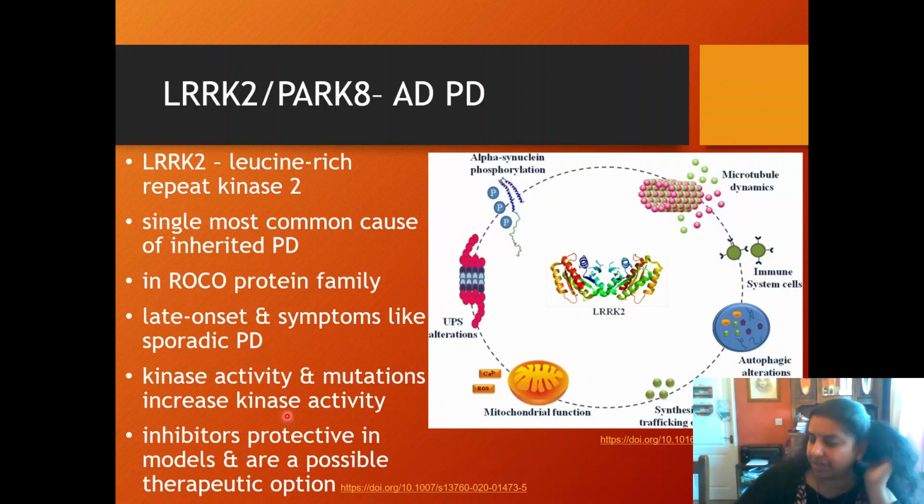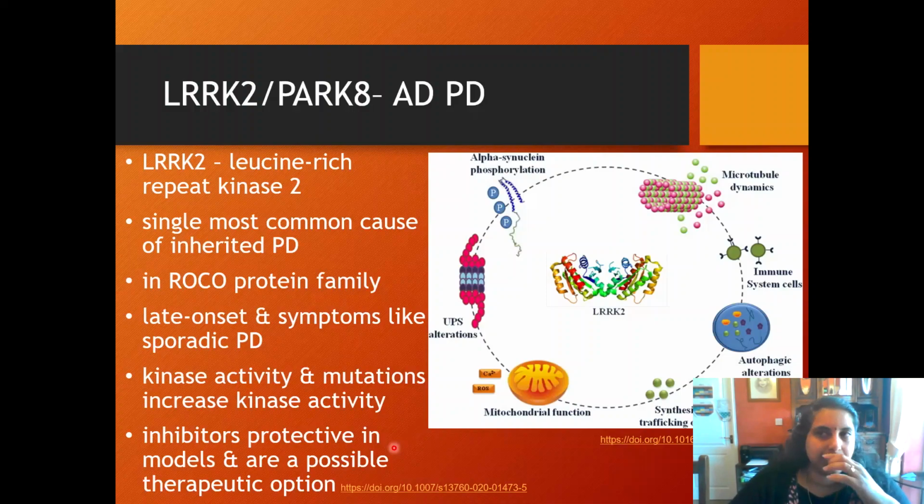And so, as you can imagine, it's a kinase. There are molecules that can work as kinase inhibitors. And so for this one, there's too much activity of this kinase. That's a really druggable target. So that's something that you can really make drugs for. So the important thing is to get drugs that are specific to block this particular kinase, LRRK2.